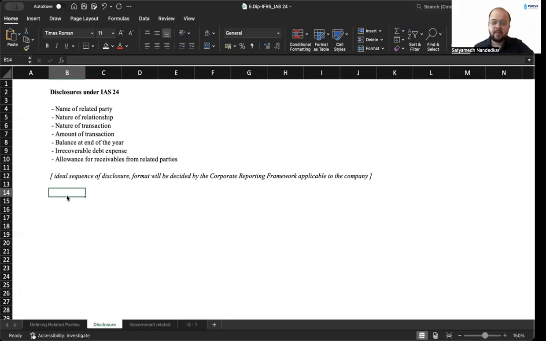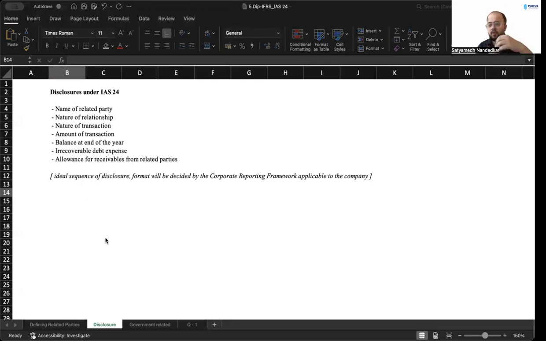Then, is there any bad debt from the party? And if you have created any allowance for receivables, then that amount will also have to be disclosed. Now, the ideal sequence, what comes first, what comes later, that is something which is governed by the Companies Act of that country. This is not something which the accounting standard will prescribe.